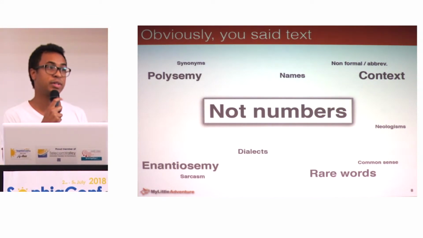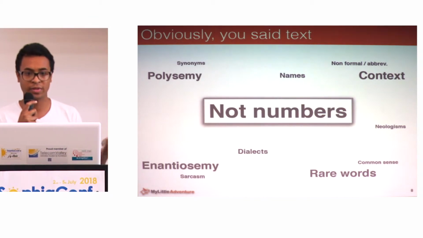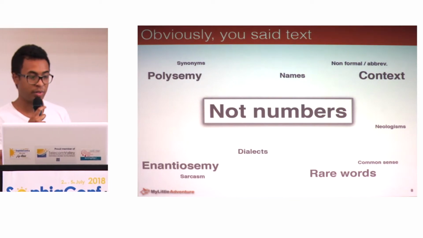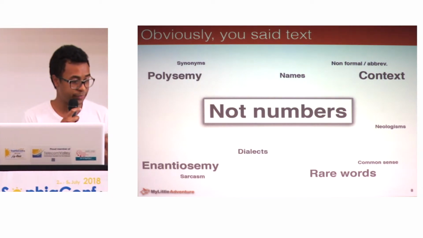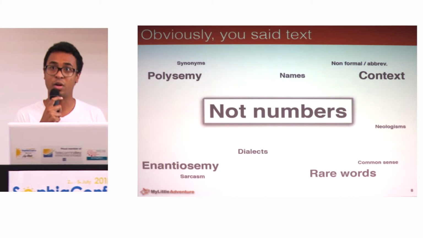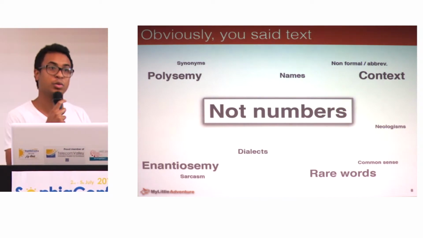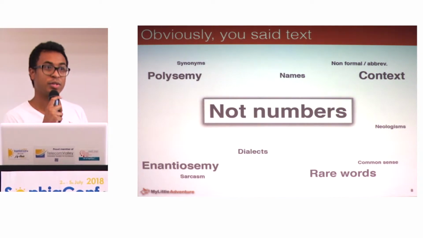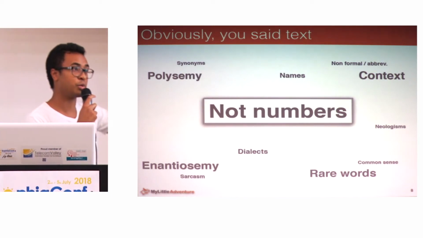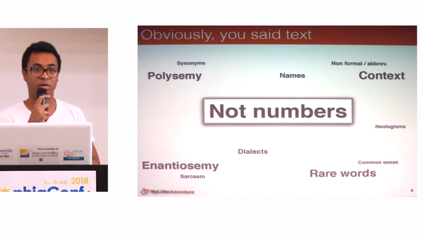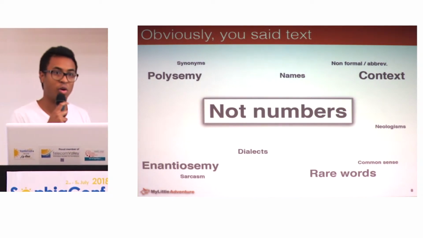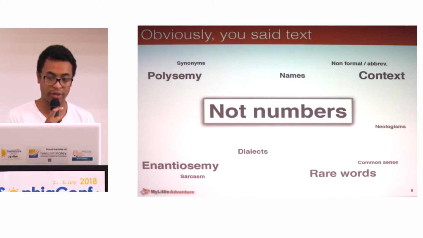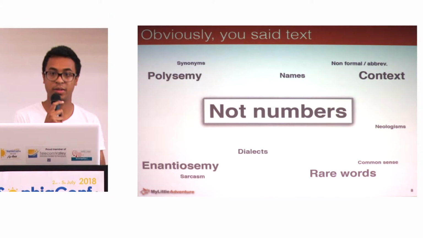It means that a word can mean different things depending on the context, or even enantiosemy, the fact that a word can mean everything and its contrary. For example, I rent a car. Does this mean that I give a car to someone, or do I have the car?